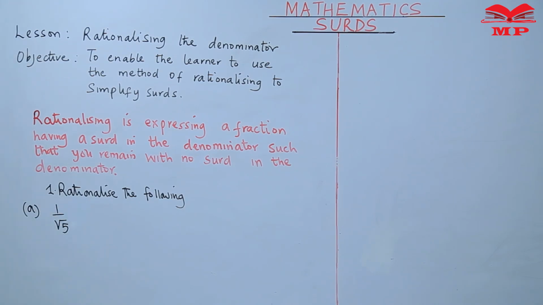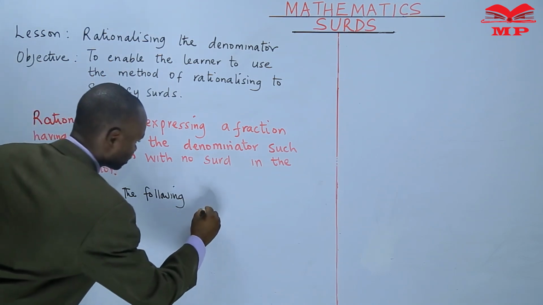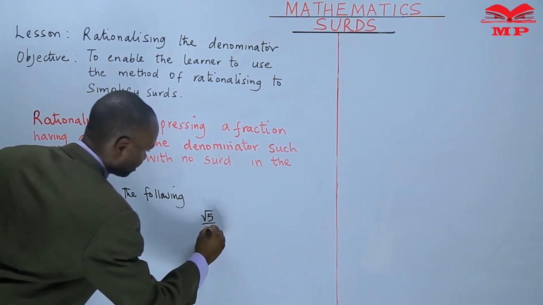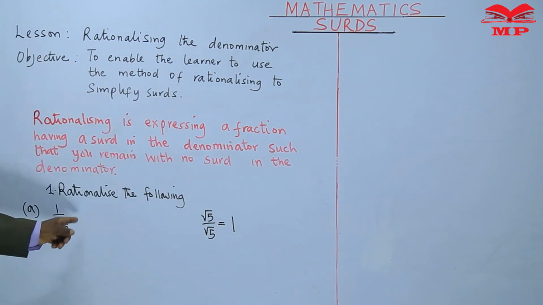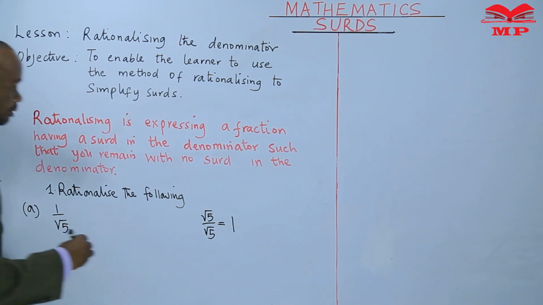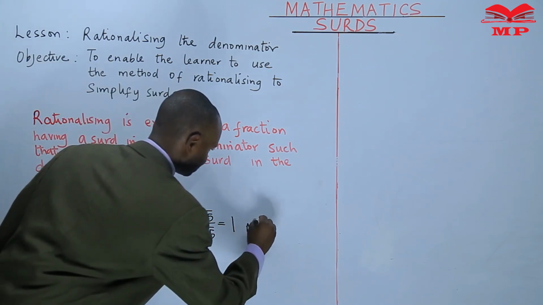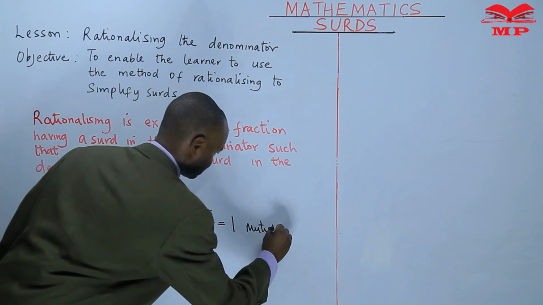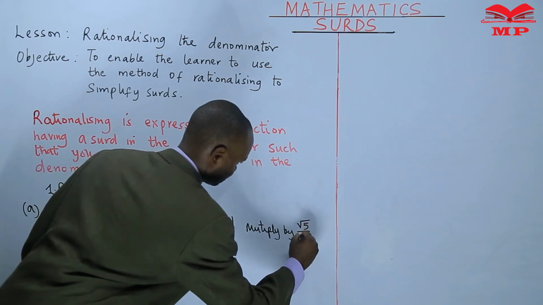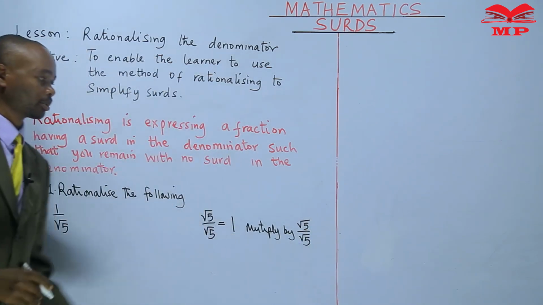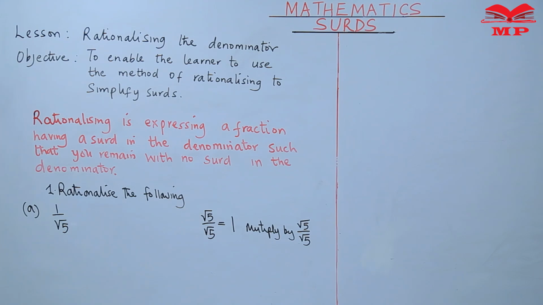One over the square root of 5. To rationalize this, I'll look for a number equivalent to 1. So we'll say square root of 5 over square root of 5 is equivalent to 1. When you multiply a number by 1, you don't change it.